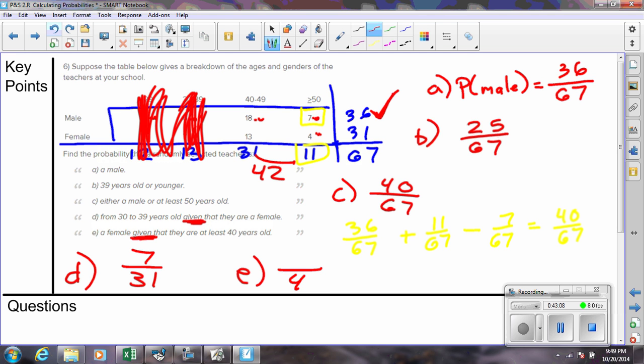So there are only 42 people who are being considered because there are only 42 in this group of 40 or more. So what's the probability that they are a female? Well, the females are this group. 13 plus 4 is 17. And we're done.